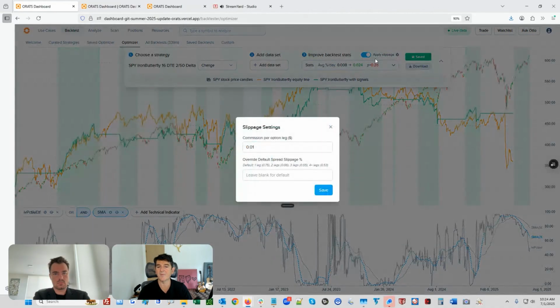So we have commission, we have overall spread slippage, we have defaults where you would trade, that have held up over years of doing it. So if you have a one leg strategy, you might travel 75% of the bid ask spread to trade.